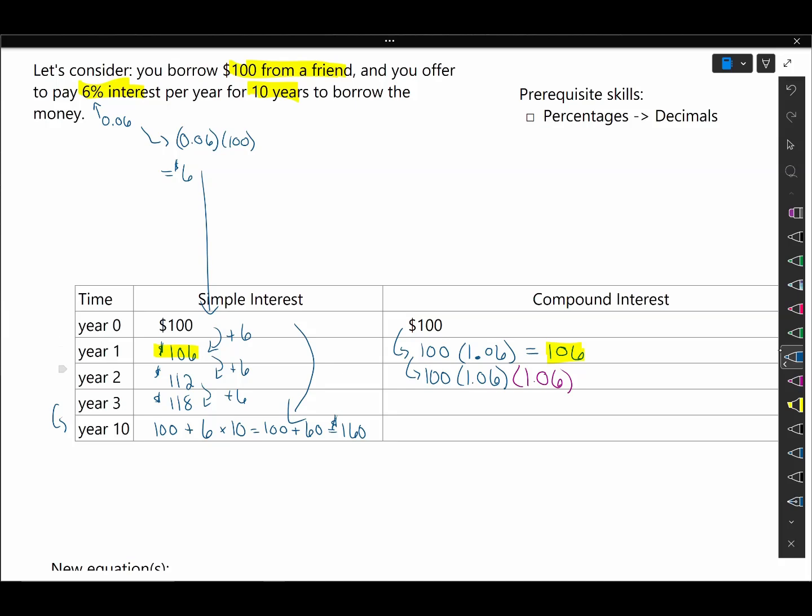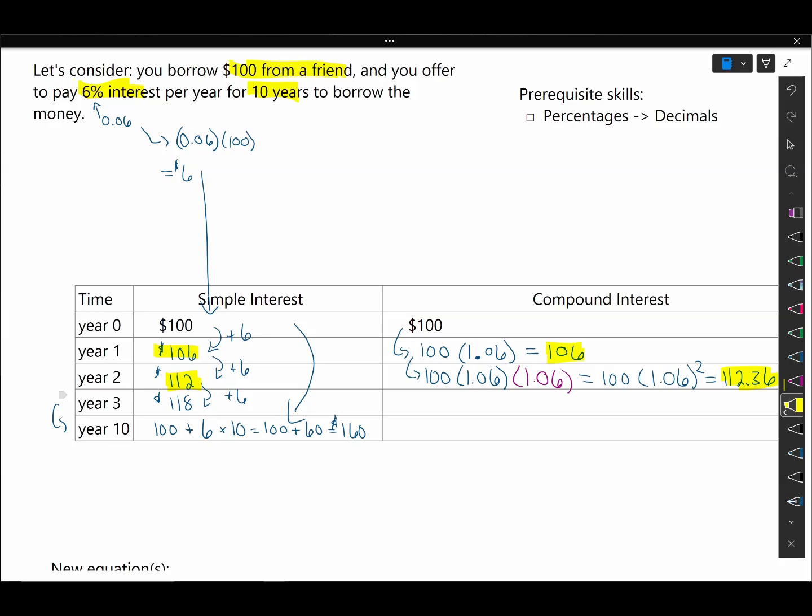I could rewrite this as 100 times 1.06 squared, because really squaring something is just multiplying it twice. So I can throw this into my handy dandy calculator, and I end up with $112.36. Now you'll notice, very small difference, just a 36-cent difference after 2 years.